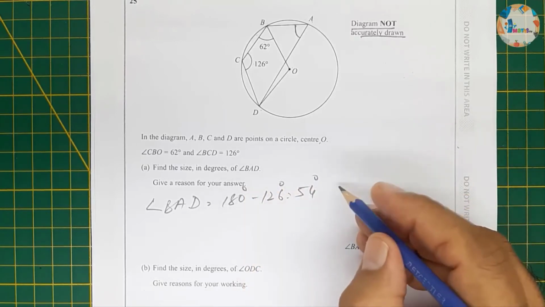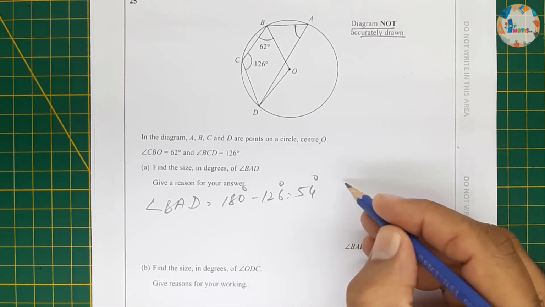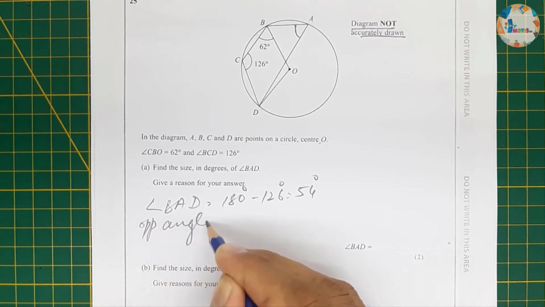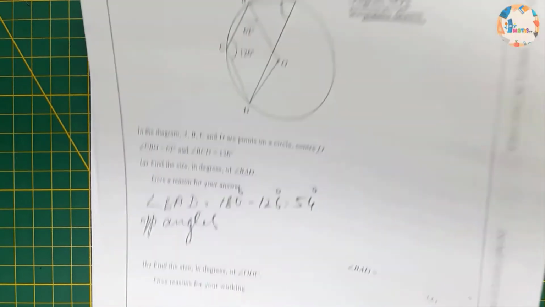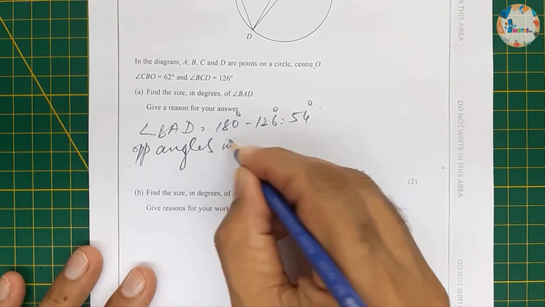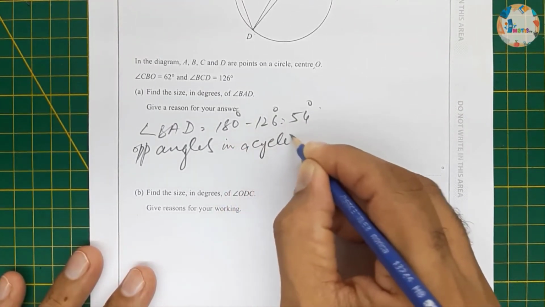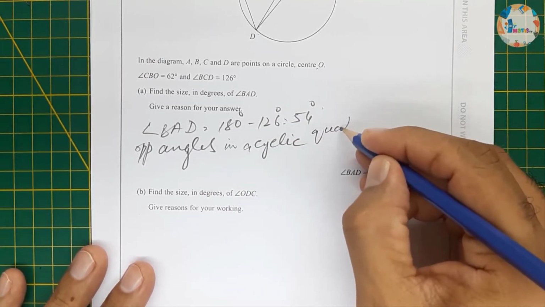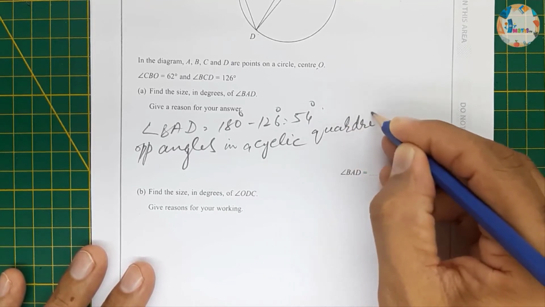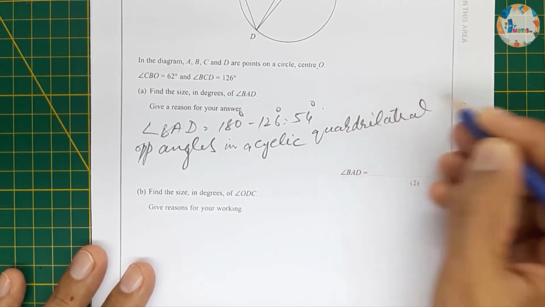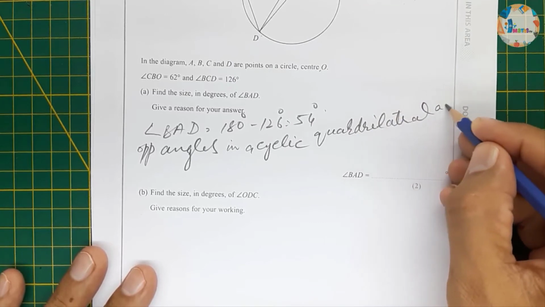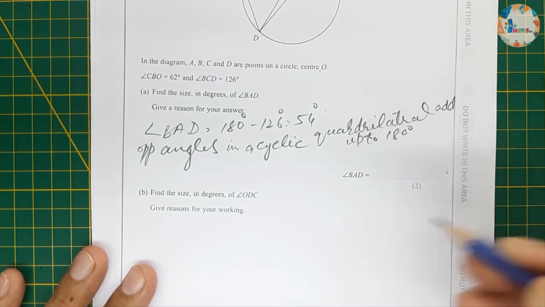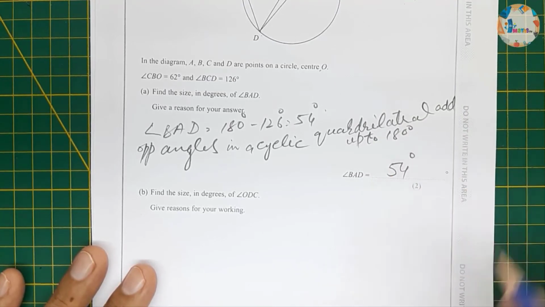And the reason we can mention here is opposite angles in a cyclic quadrilateral add up to 180 degrees, and so our answer is 54 degrees.